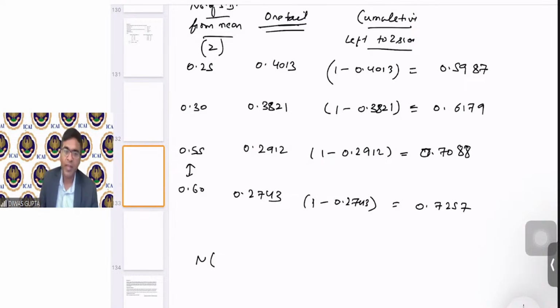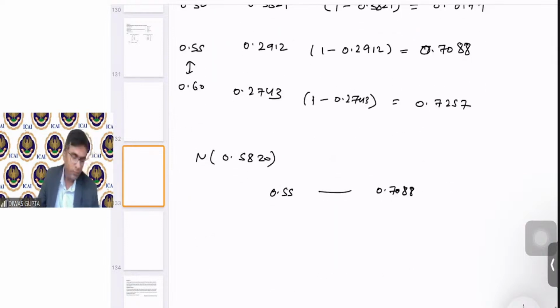So using the interpolation technique, can we arrive at the value for 0.5820? Yes, we can. So 0.55 is given as 0.7088, 0.60 as 0.7257.